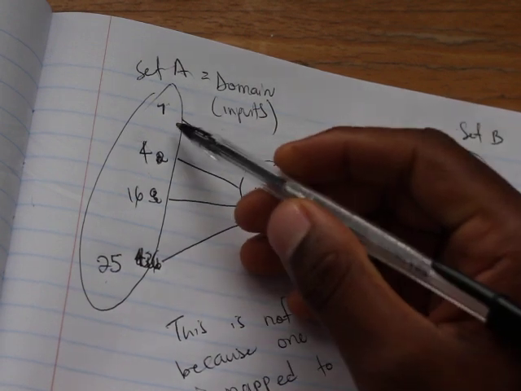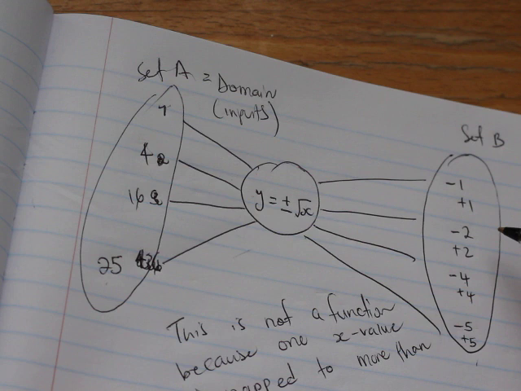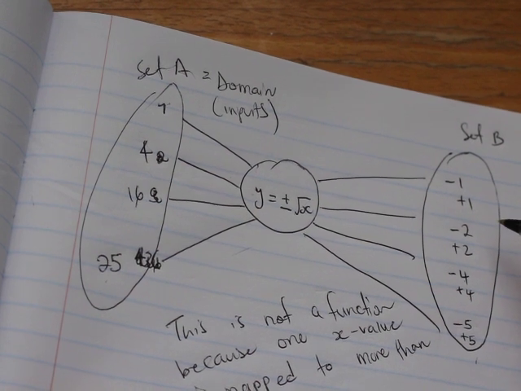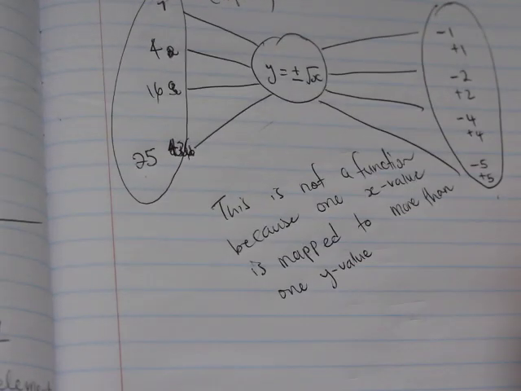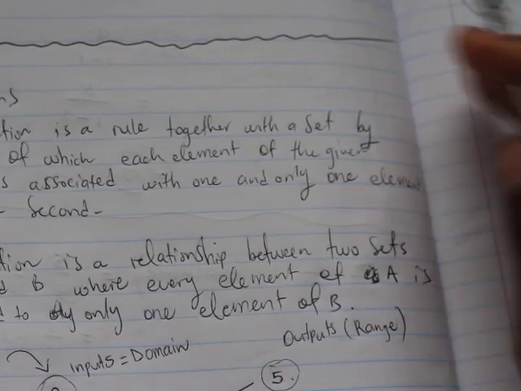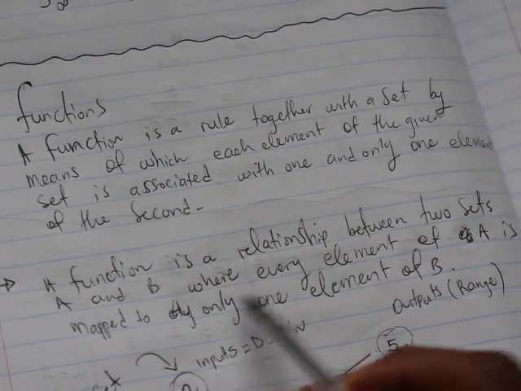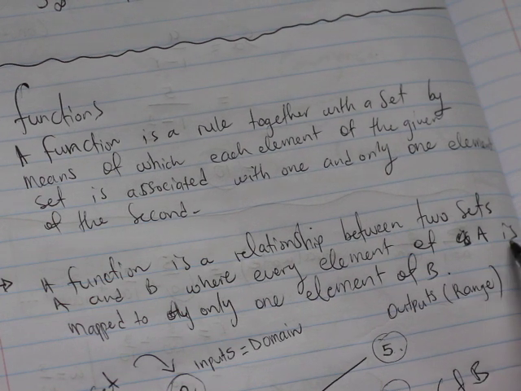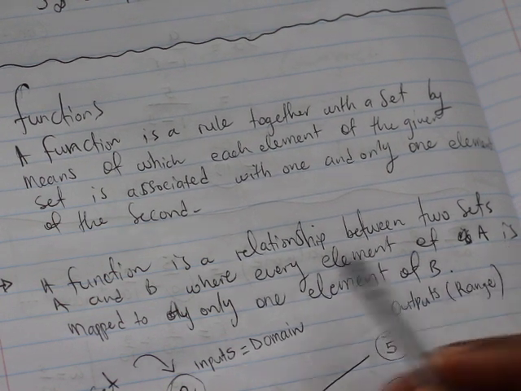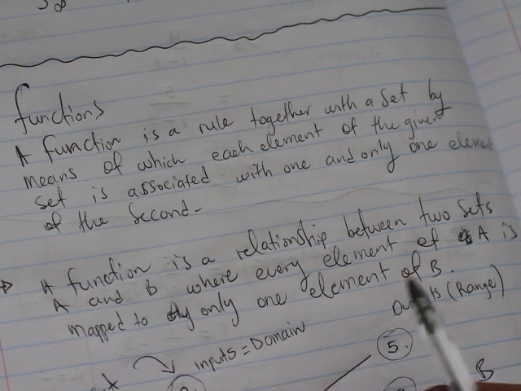All of them are mapped to more than one Y value, or more than one element in the set B, which is a violation of the definition of a function, because the elements in set A need to be mapped to only one element of B. Then that would be a function.